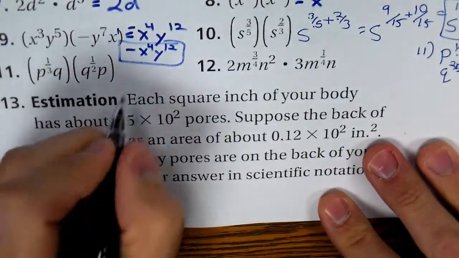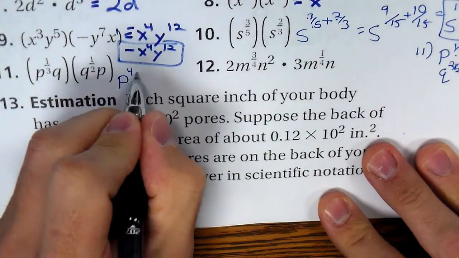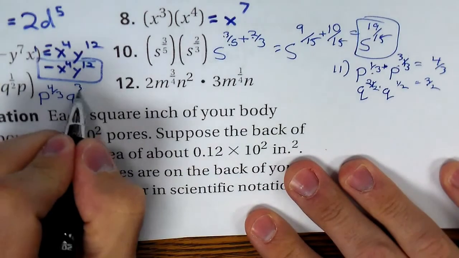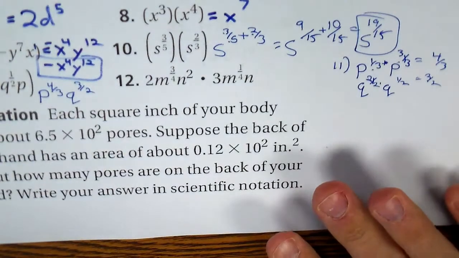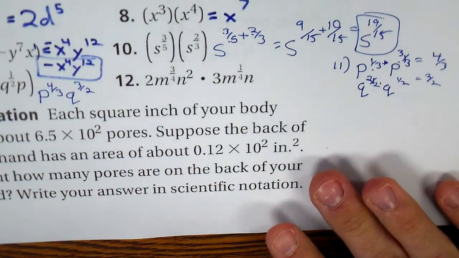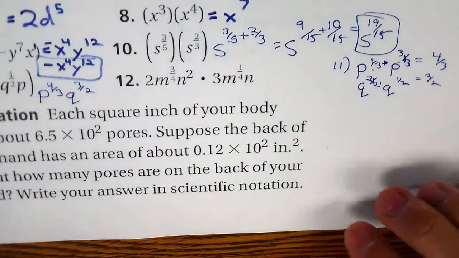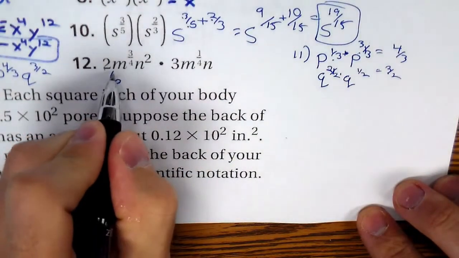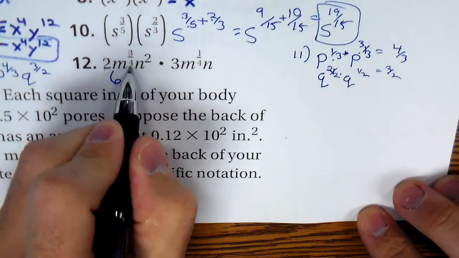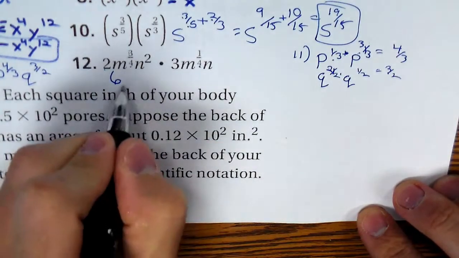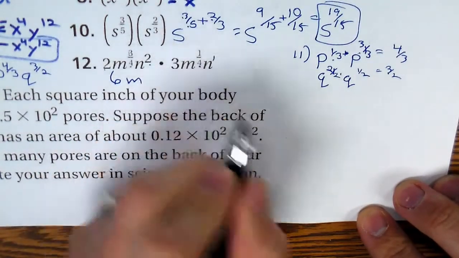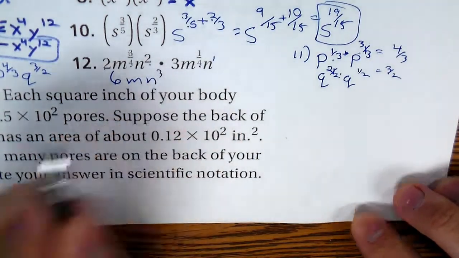So my answer is p to the 4/3 q to the 3/2. Number 12, we're going to do 2 times 3 is 6. Then I have m to the 3/4 plus 1/4 is 1, so it's just m. And n squared, n to the 1st, that'd be n to the 3rd.